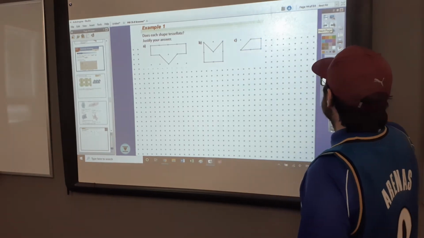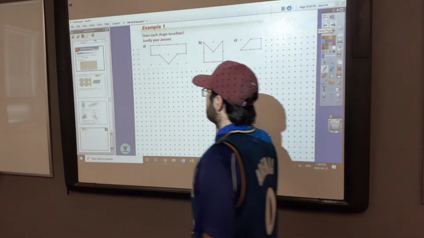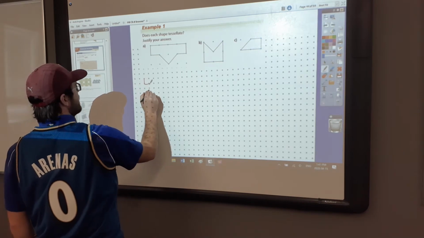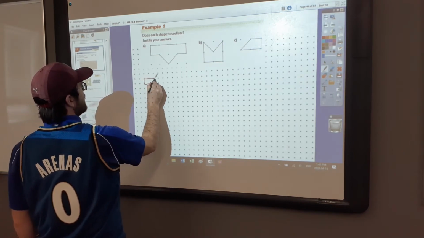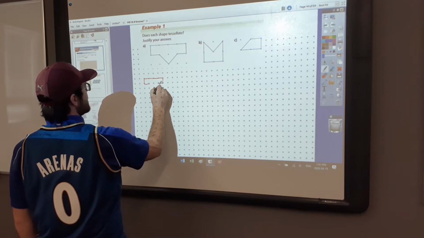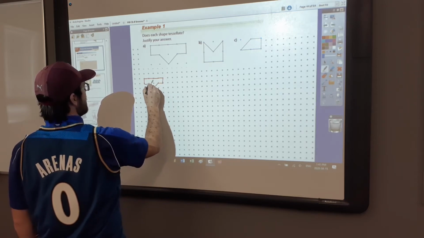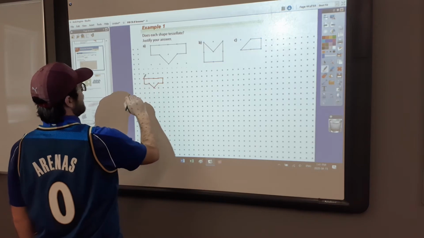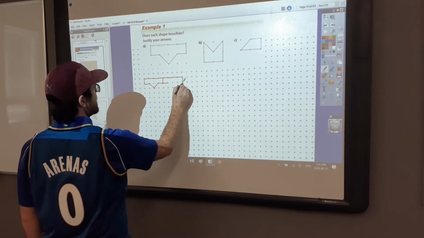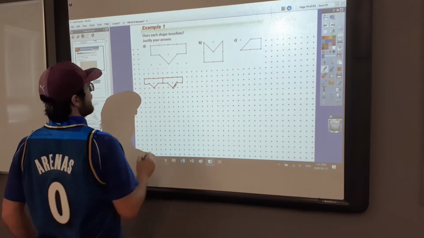Okay, so we'll look at a couple of examples here. Does each shape tessellate? So we'll just take a look. You will probably find here, if I draw this one out, you could maybe get it to tessellate once or twice, but not all of these are going to continue. So for example, right here, I could put them side by side with one another, and I'd be okay.